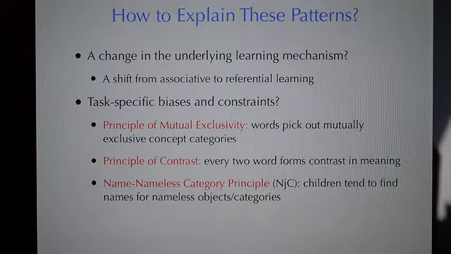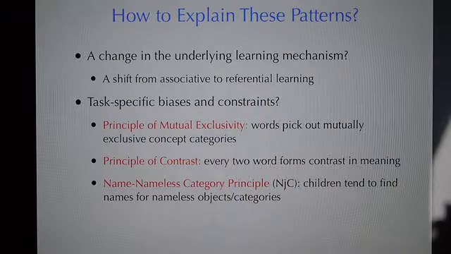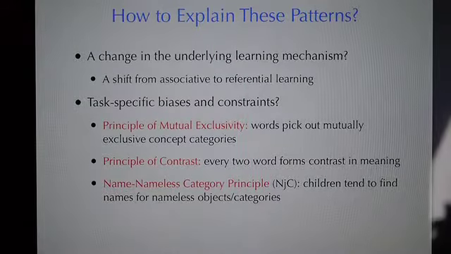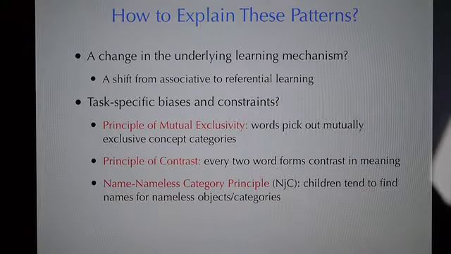They assume that if you have an apple and a novel object on the table, and then the experimenter asks them to show them the DAX, then DAX cannot refer to apple because they already know a word that refers to apple. And there are several such biases and constraints. But still, this doesn't really explain how these biases come into play or are abandoned after a while.